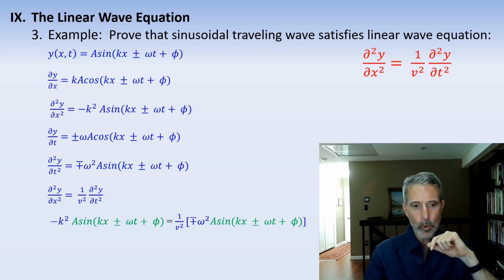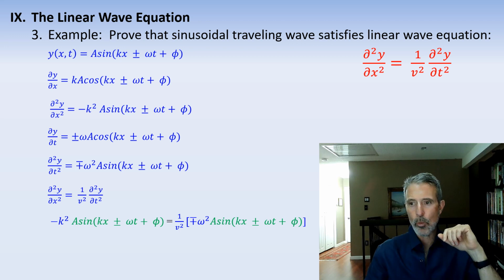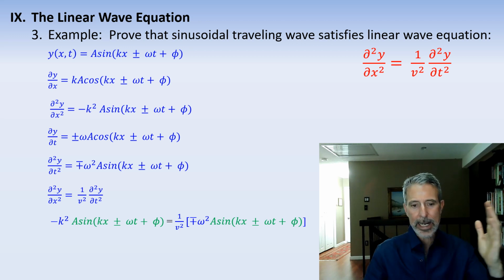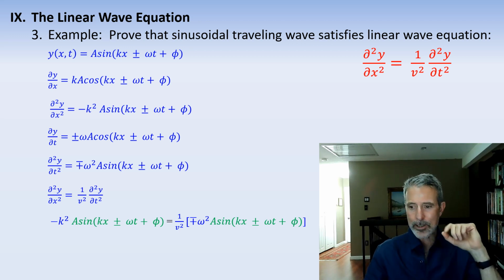That is partial squared y partial x squared, which we plug into the left-hand side, and partial squared y partial t squared we plug into the right-hand side, not forgetting about this factor of 1 over v squared on the right-hand side. Of course, you'll notice here that there is a common factor, A sine(kx plus or minus omega t plus phi), on both sides.